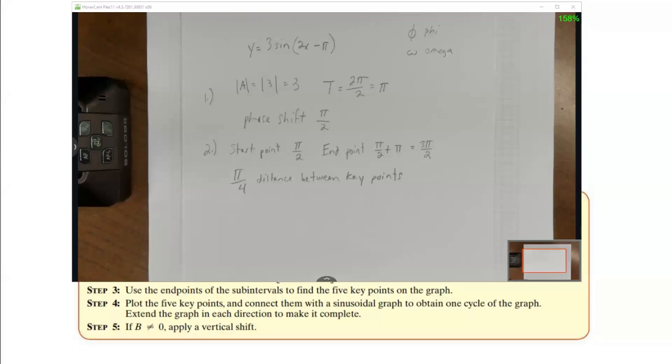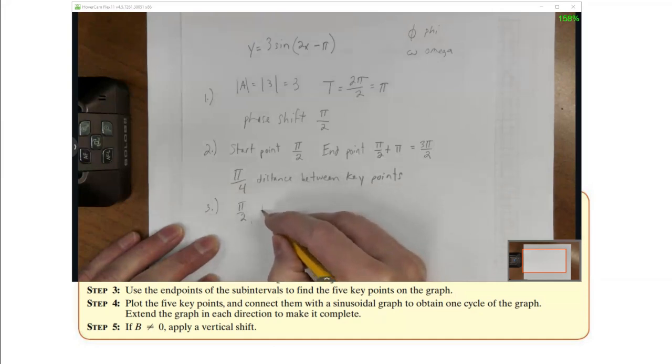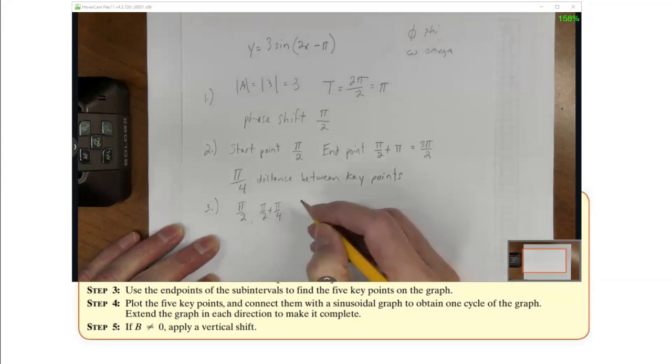Okay, so now we're ready to embark on step 3. We have to use the endpoints to find the total of the 5 key points on the graph. We start at pi over 2, and the next x coordinate is going to be pi over 2 plus pi over 4.